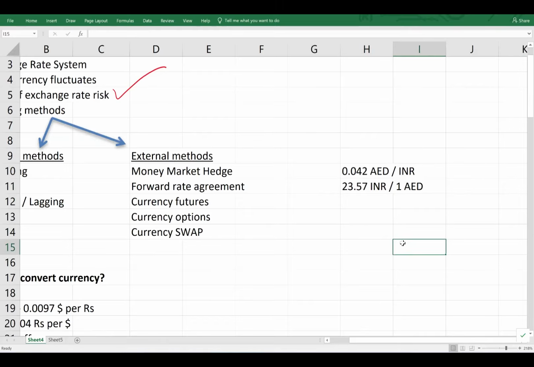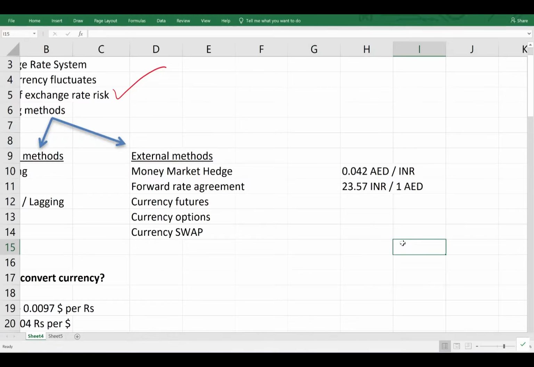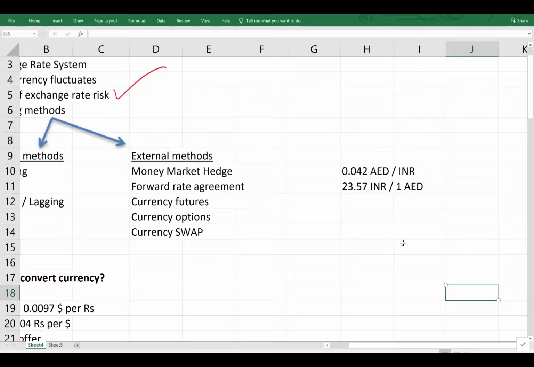So in a currency exchange, we always have two currencies. We can write in many ways. I can write in this way: 23.57 INR is equal to 1 AED. Is that what it means, right?